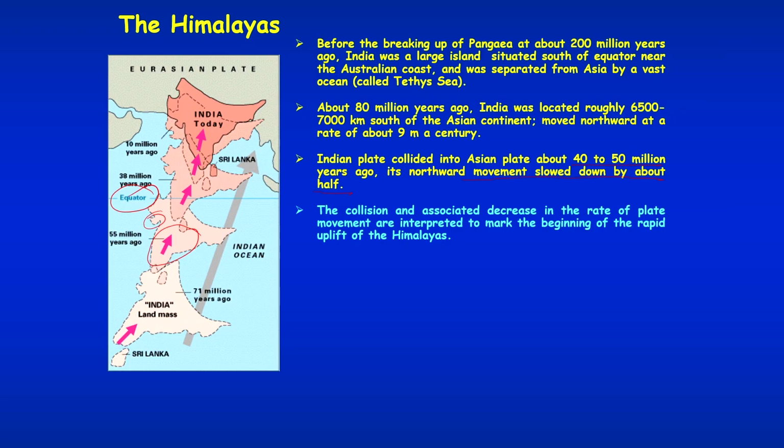And that was the time the mountain building activity started, and the rapid uplift of that area resulted in the formation of Himalayas. So they associated this decrease in velocity with the collision. So the mighty Himalaya, which is almost 2,900 kilometers long, is a creation of plate tectonic forces or plate tectonic motions, which is related to the continental collision.